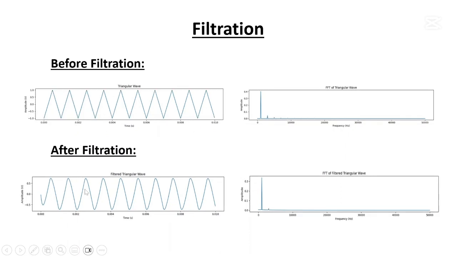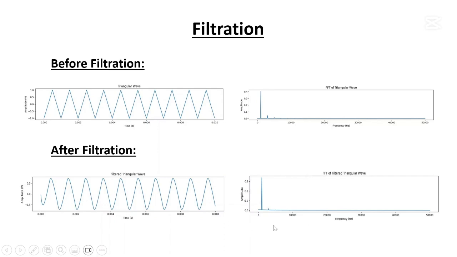And after filtration, the triangular wave will start looking like a sinusoidal wave. Okay, and if we analyze its frequency domain, you can see that these are the harmonics, and the harmonics are very much reduced here. We got only a single harmonic here.